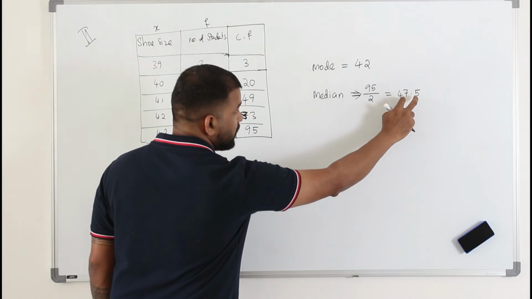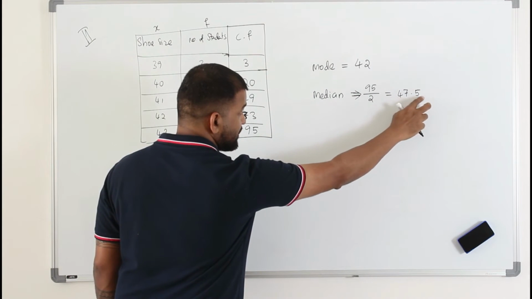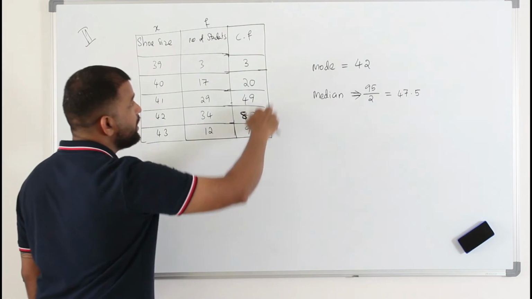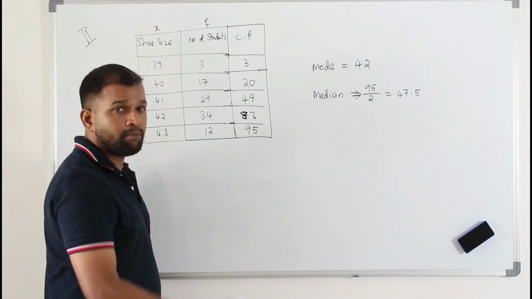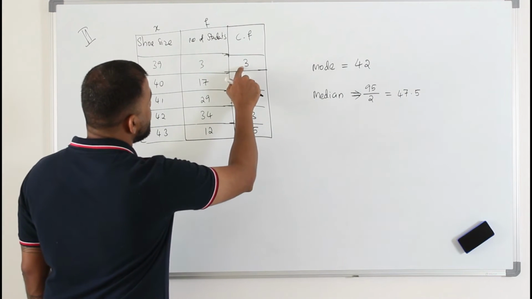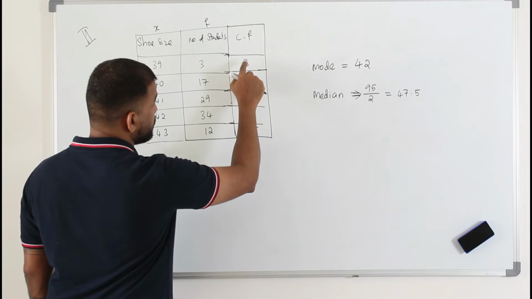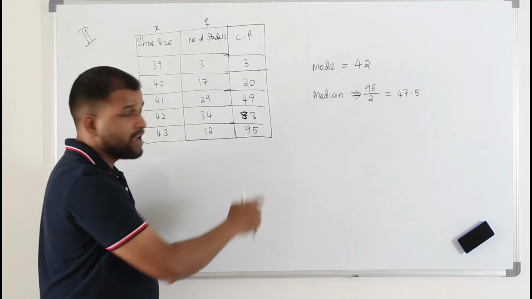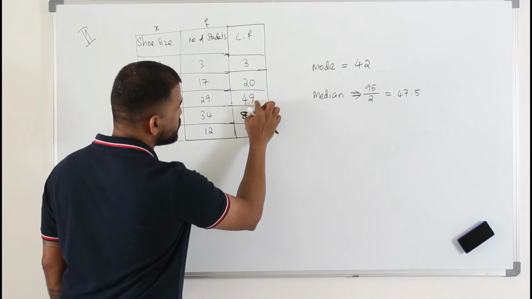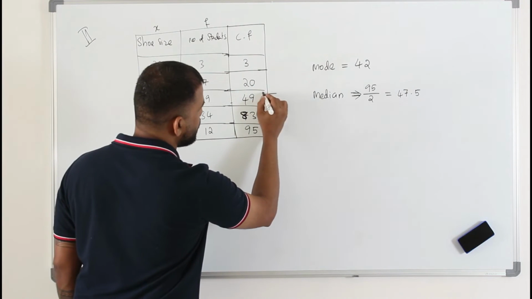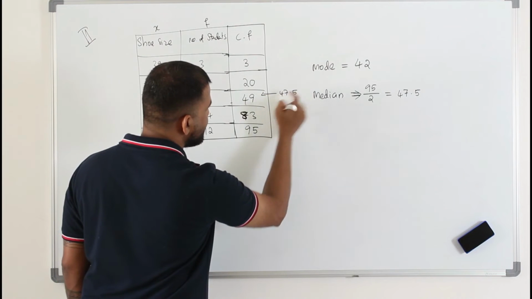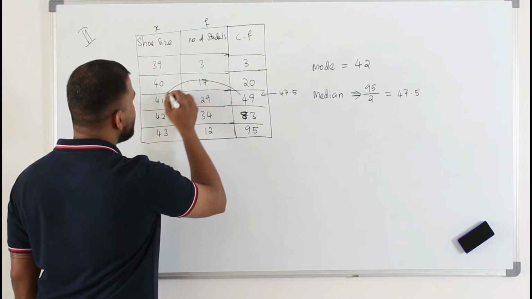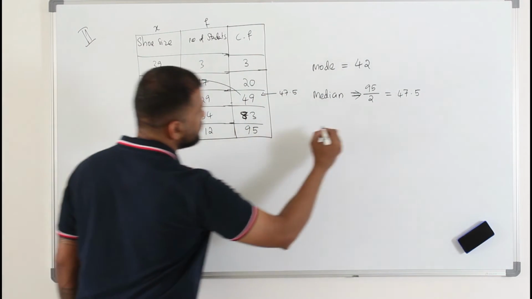So you need to look for this number, 47.5, in cumulative frequency and check where the number lies. Here it's 3. So anything more than 3 till 20 lies in here. Anything more than 20 comes here till 49. So your 47.5 is in here. So the corresponding x is the median.